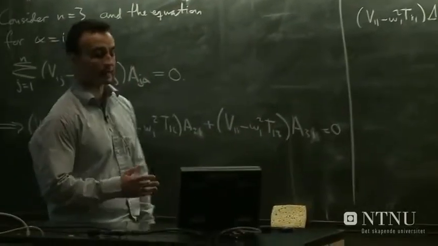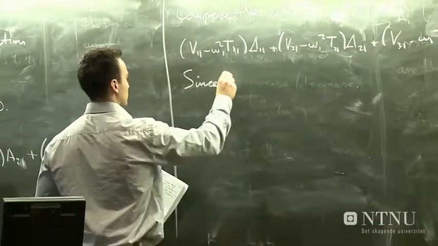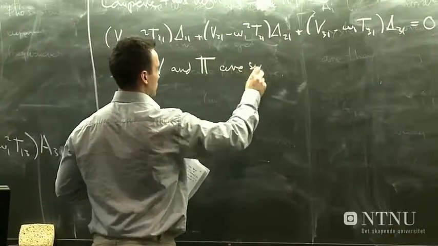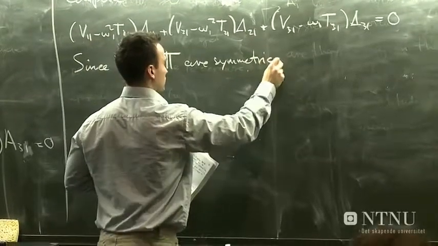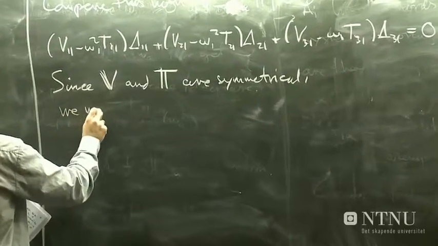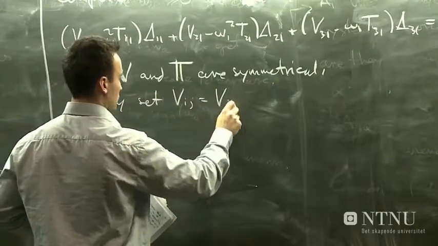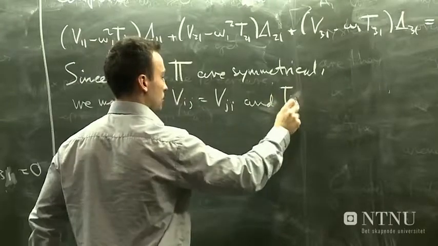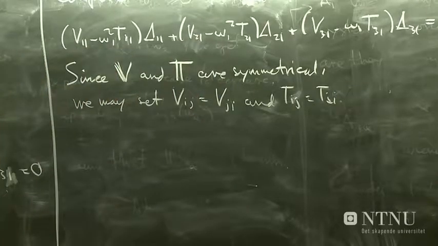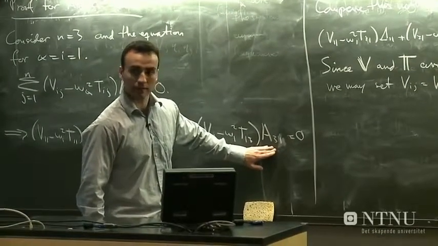Now, V and T are symmetrical, as we saw. So let's now check if we indeed have that these elements are proportional to the cofactors.